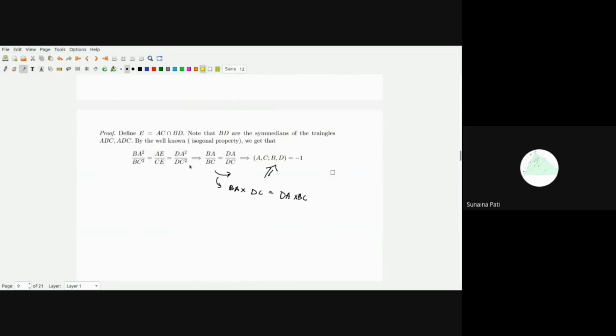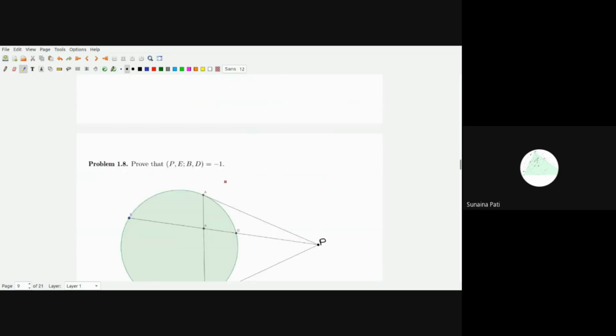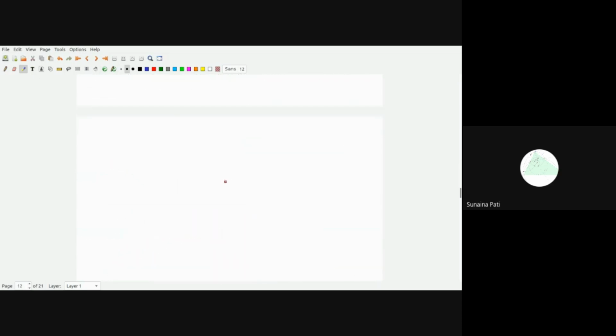This implies ACBD is harmonic. Good job, Anurag.